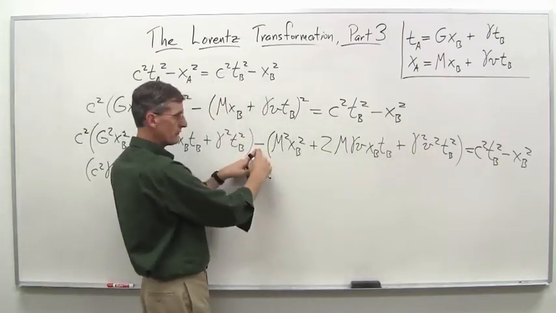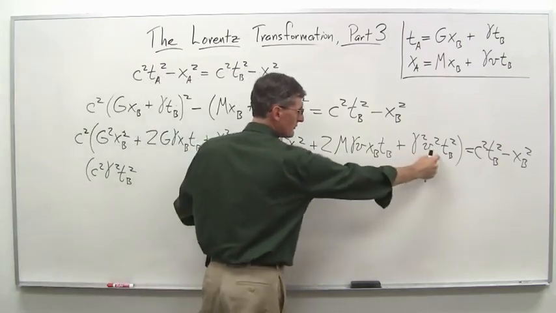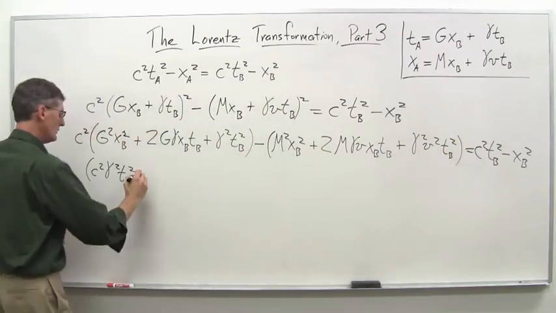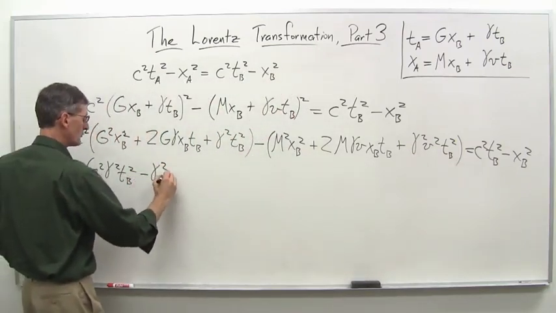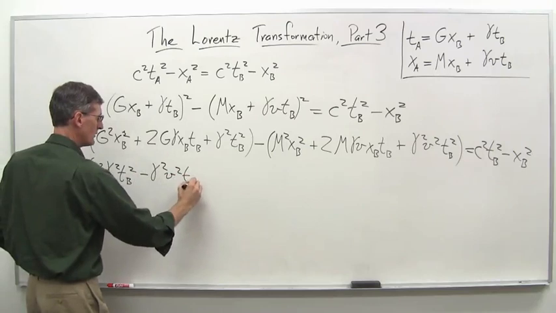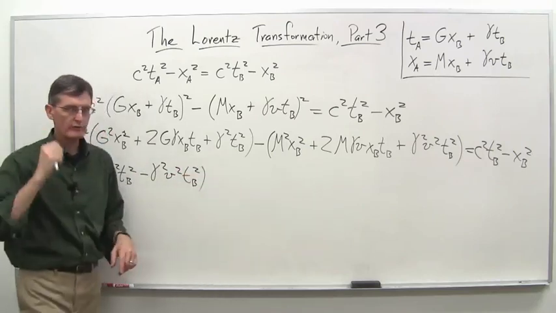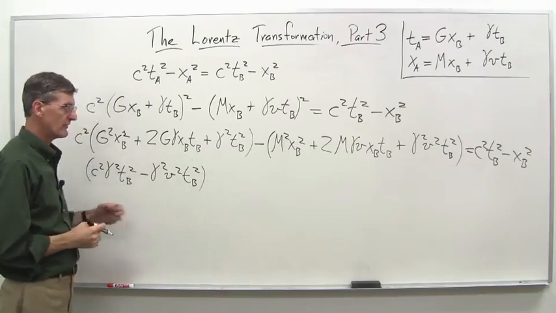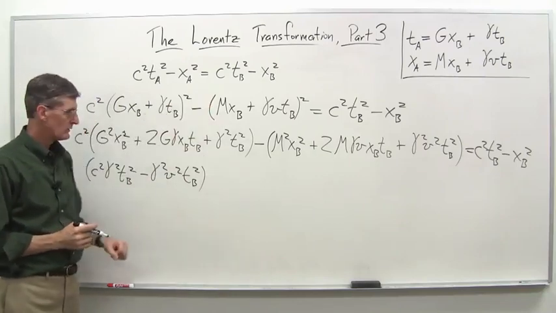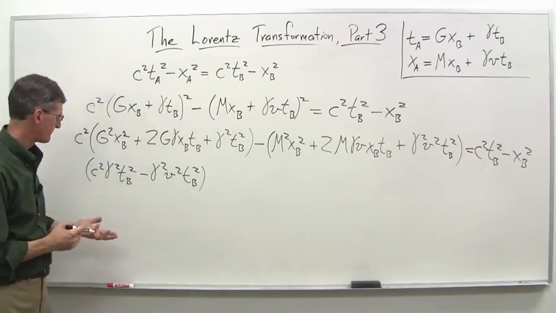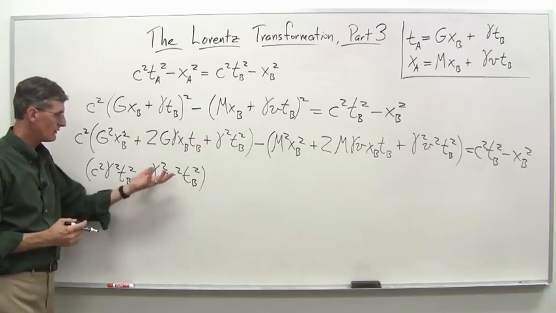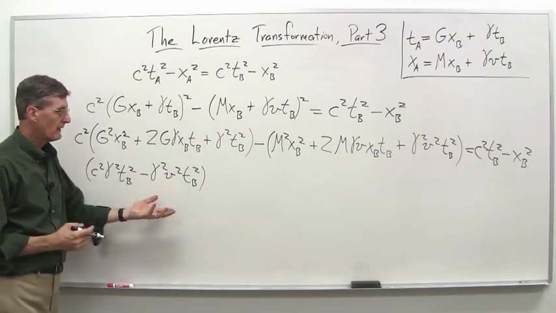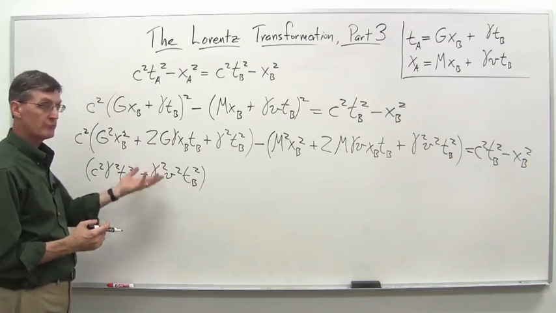I've got minus gamma squared, v squared, tb squared. And by the way, this is the point where, for those of you who want to practice some algebra here, good place to stop and work through this and see where we end up.